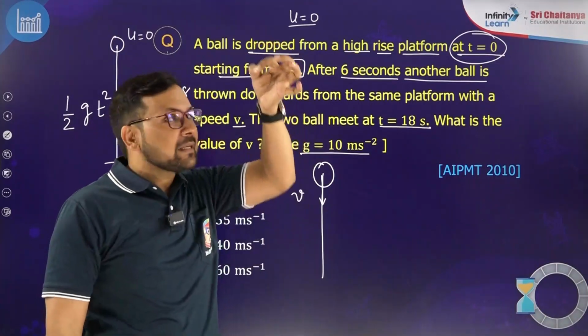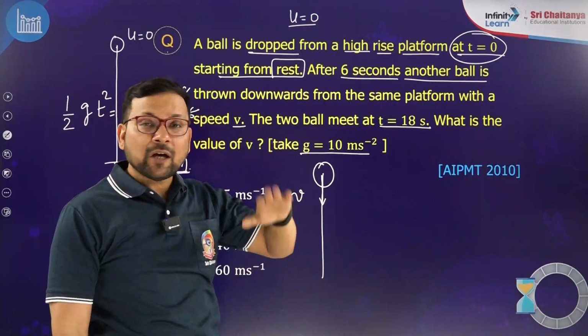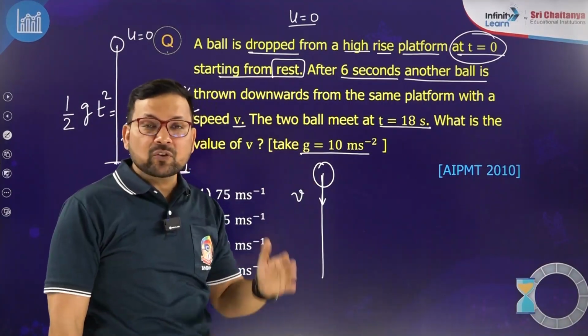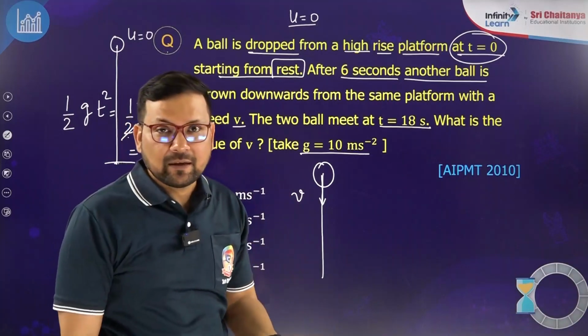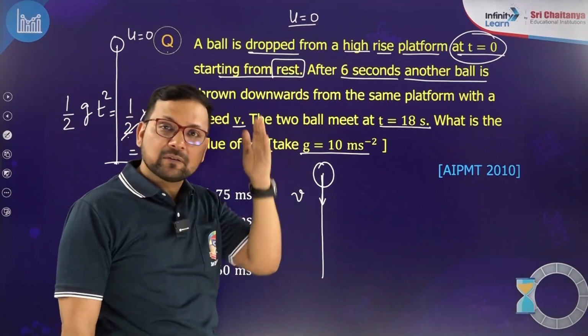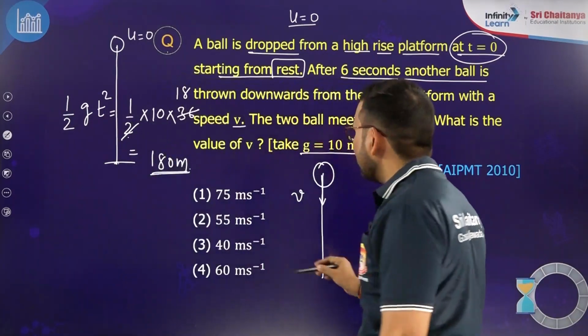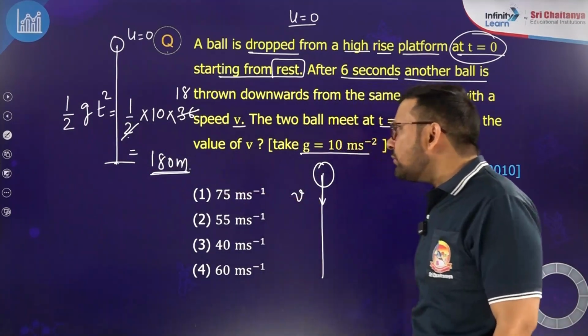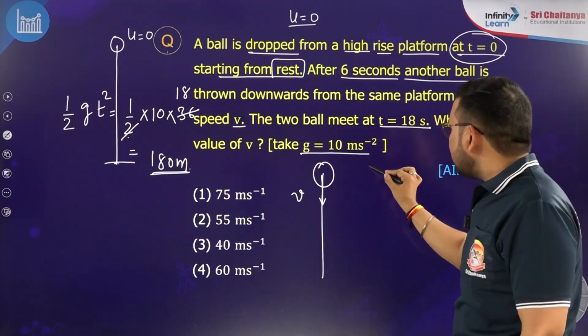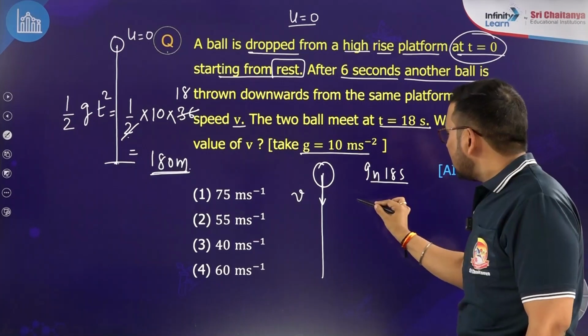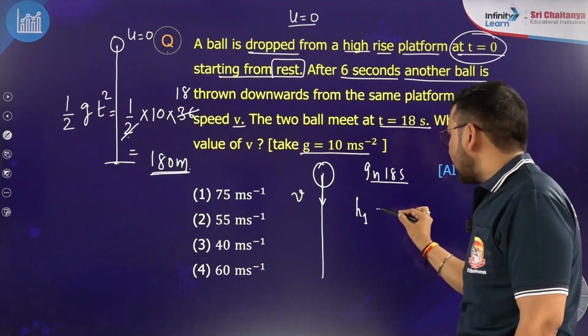From t equal to 0, for 6 seconds the first ball has moved. Now the second ball is released, but both are meeting at 18 seconds. So first has moved for 18, but second has moved for 12 seconds only. They are meeting at 18 seconds. We can use this for relative motion, or we can use one thing. In 18 seconds, what is the height fallen by the first ball?